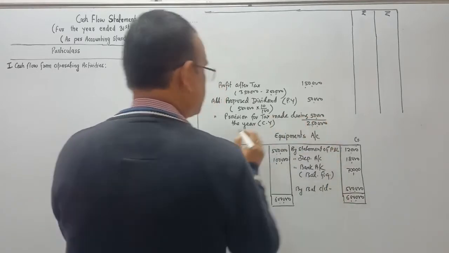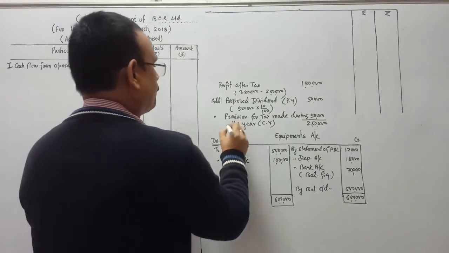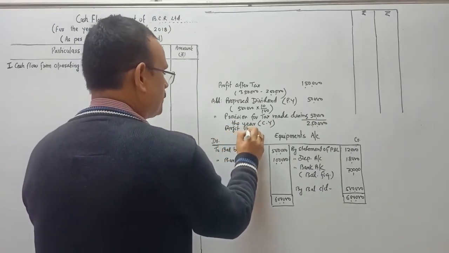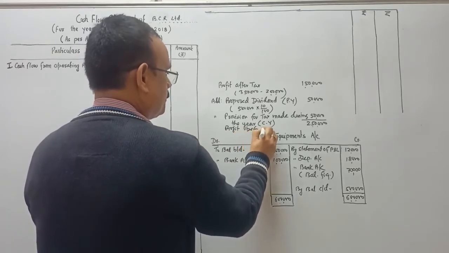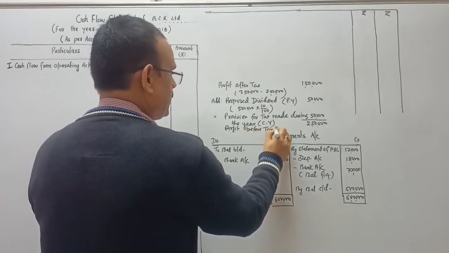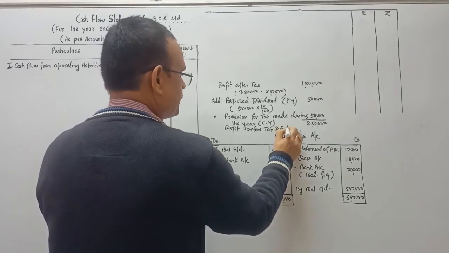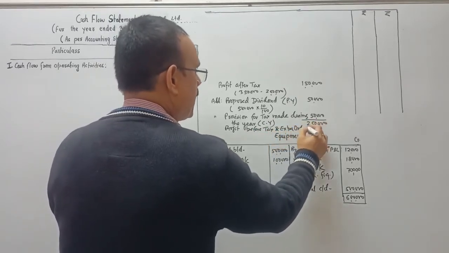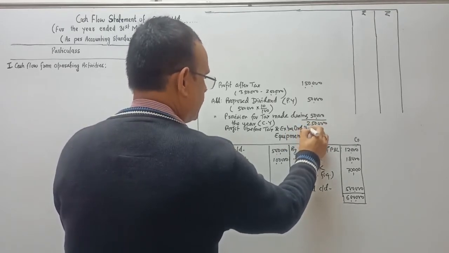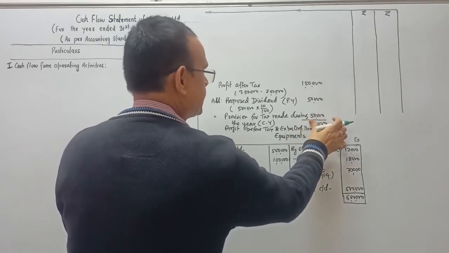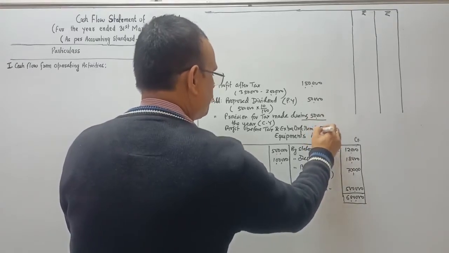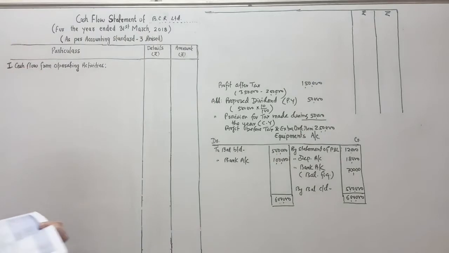What does this 2,50,000 indicate? Profit before tax and extraordinary items. This 2,50,000 will indicate net profit before tax and extraordinary items.